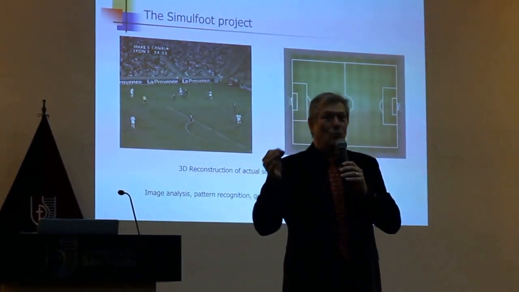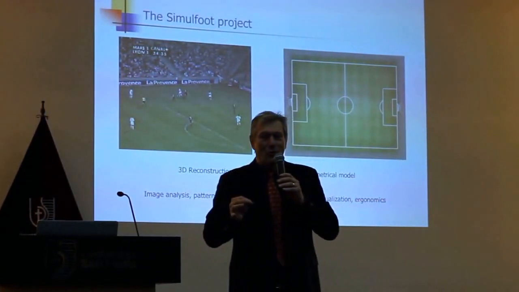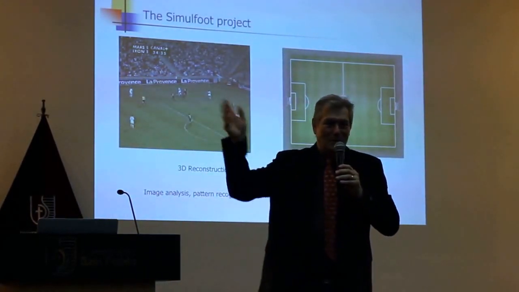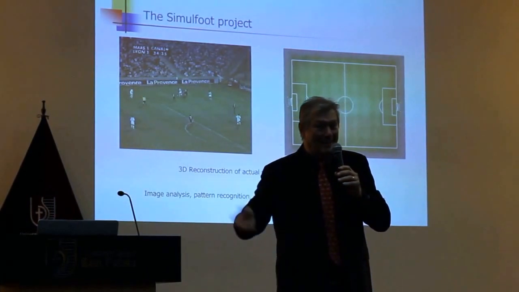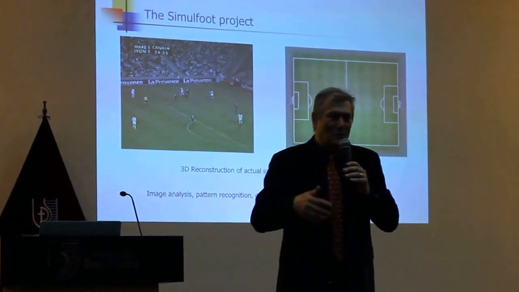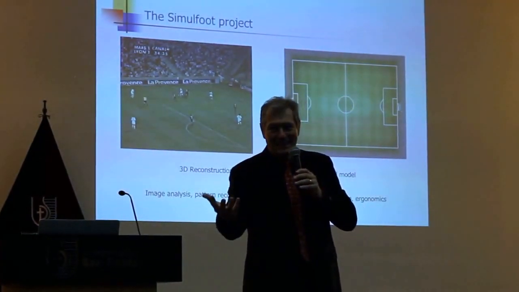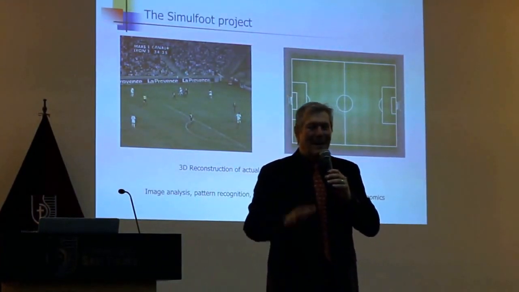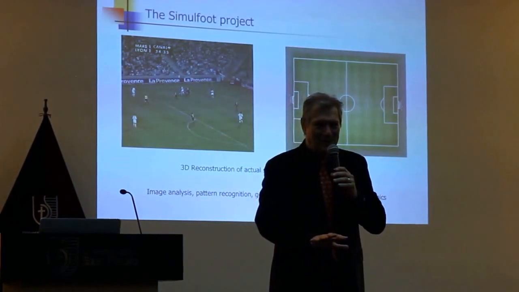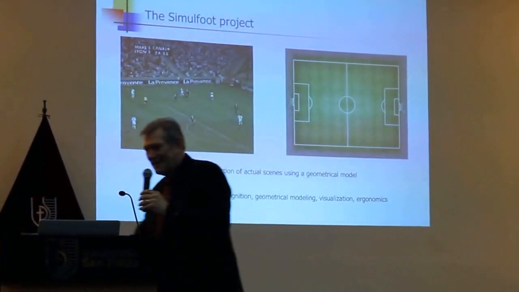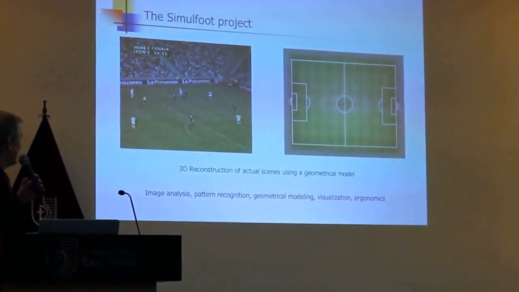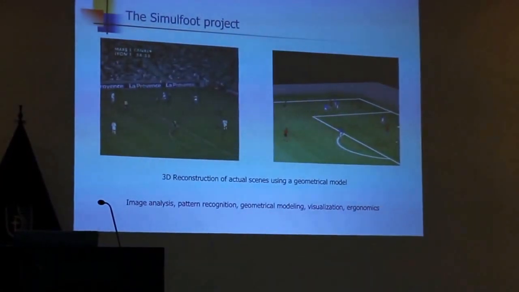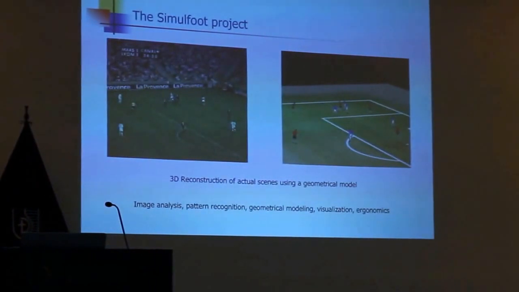And when we look for them, we have to look for them only on the field, because there are other persons in the audience and so on, other lines outside and so on. So we want to reject these other elements. So the first question is how to find the field. Okay? So, in this case, it gives something like that. We find, in the same way, the player location.